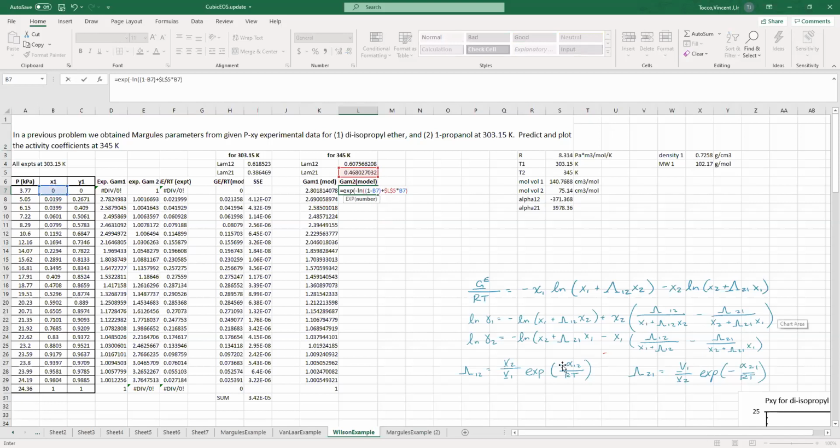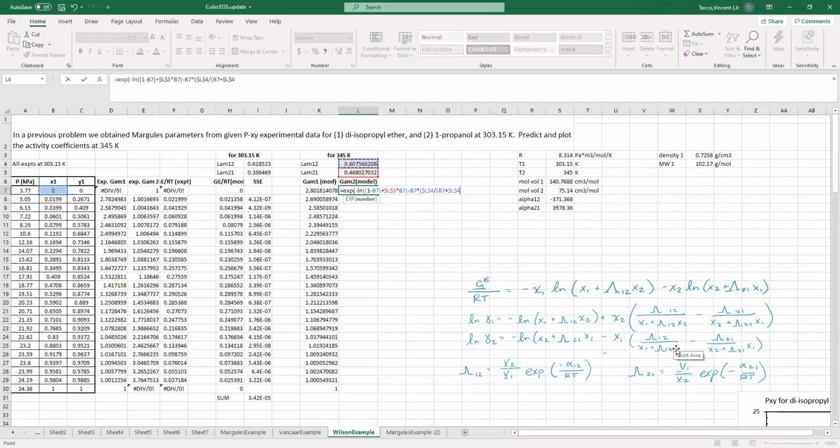It closes, there should be a closed parenthesis right there again that I mentioned, minus x1 times lambda 1,2 divided by open parenthesis x1 plus lambda 2,1.